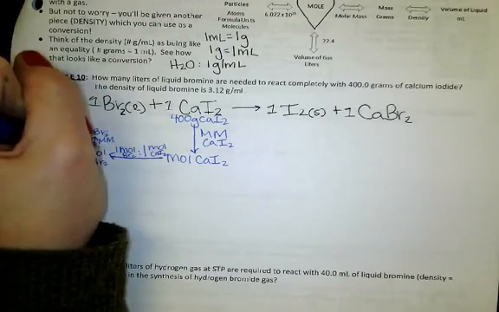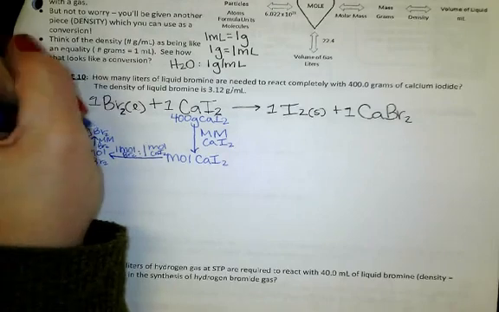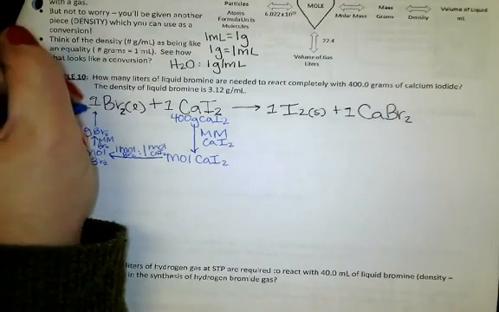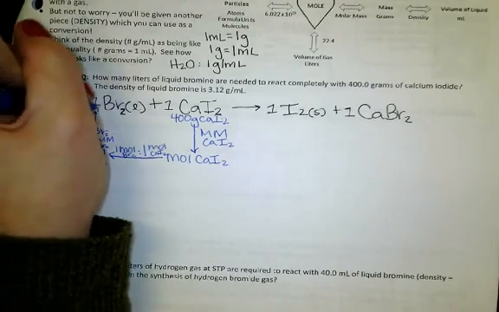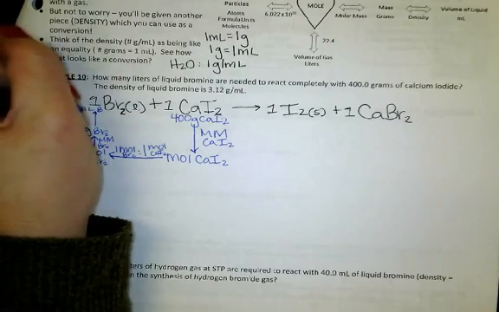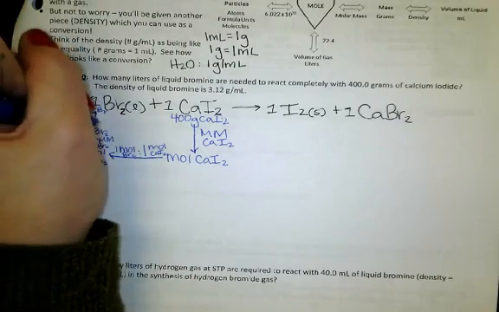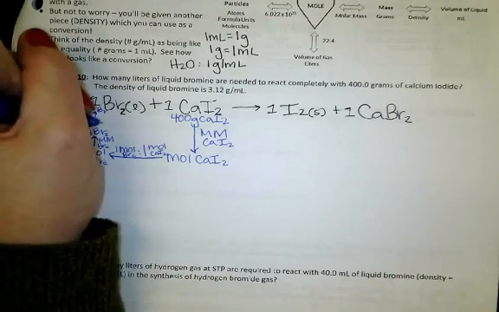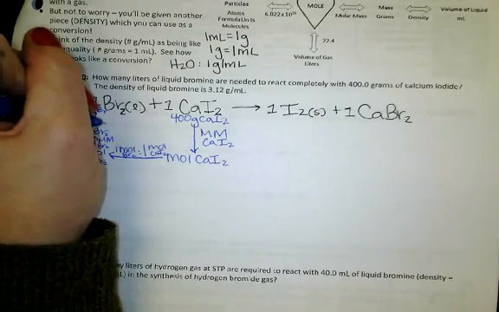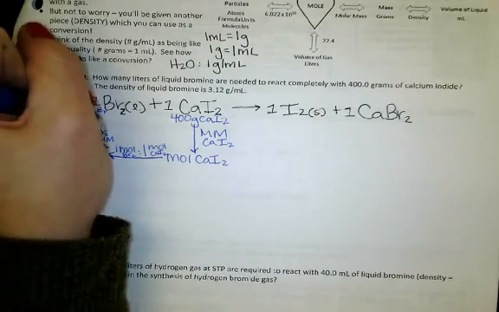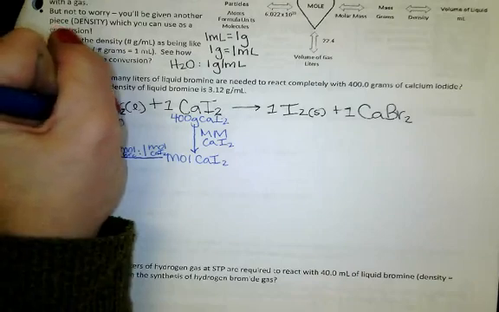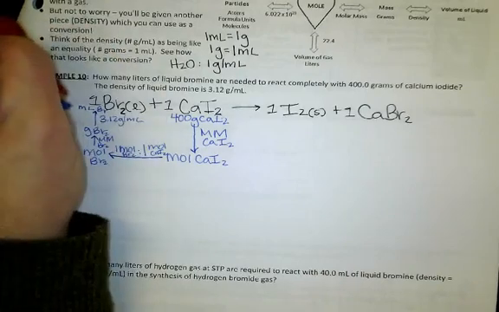Then we're going to convert grams of bromine to milliliters of bromine using the density of bromine, which is 3.12 grams per milliliter. Then we're going to convert milliliters of bromine to liters of bromine using the conversion.